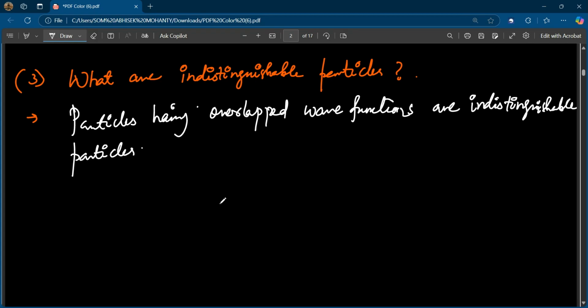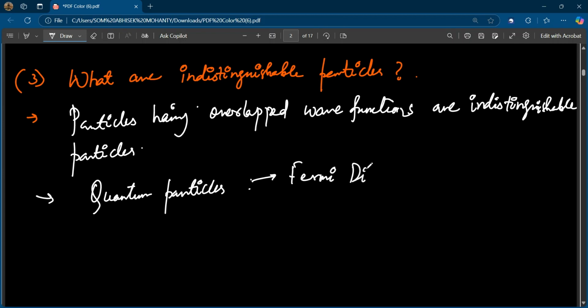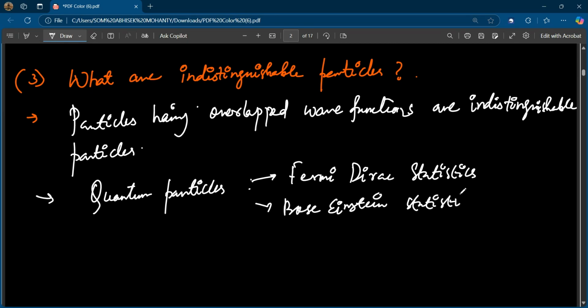These are not classical, these are quantum particles, and they follow quantum statistics. What are the quantum statistics? Fermi-Dirac statistics and Bose-Einstein statistics.